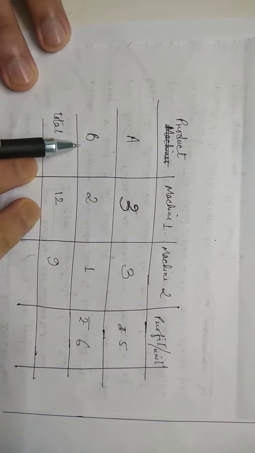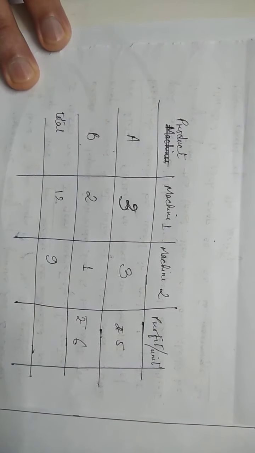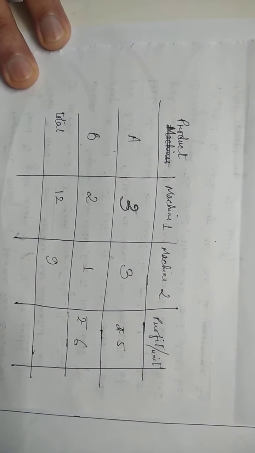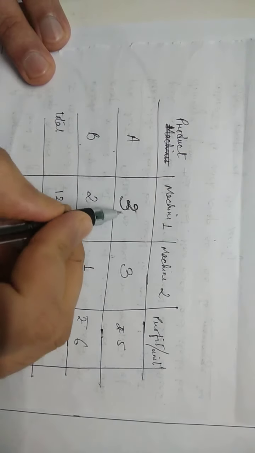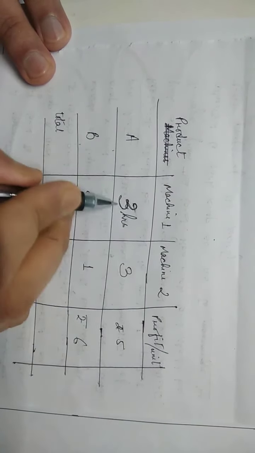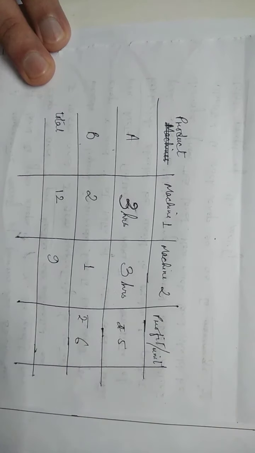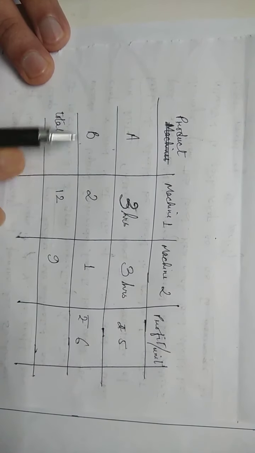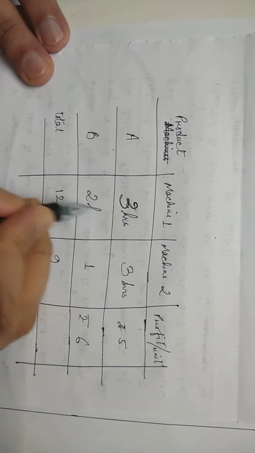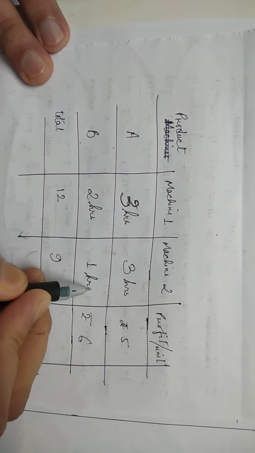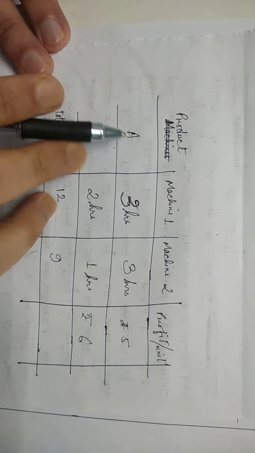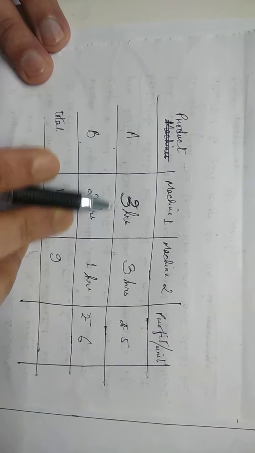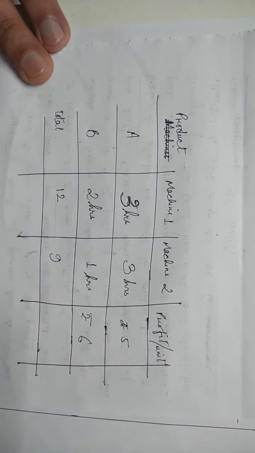Now if you see the question, it says we have 2 products A and B, and those 2 products will go through machine 1 and machine 2 to become a product. Product A goes 3 hours in machine 1 and 3 hours in machine 2.